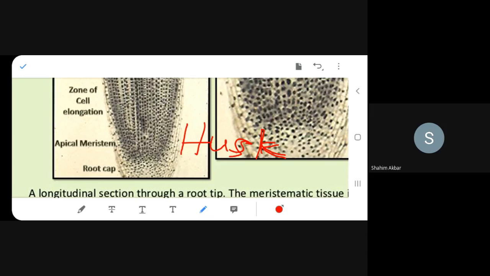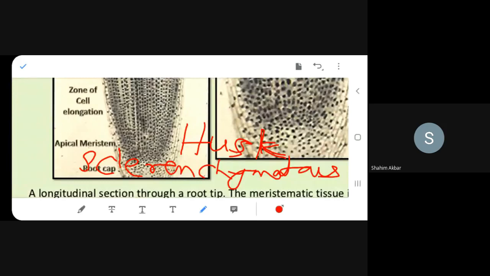It's already been taught. It is made up of sclerenchymatous tissue. I told you, dead. So sclerenchyma is a dead tissue. Parenchyma and collenchyma are living tissues.